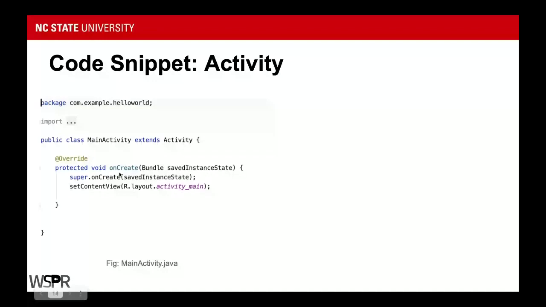Here we can see that we are calling the setContentView method and passing an XML file. What this method does is, when the activity is created and is in the resumed state, it would show us the layout specified in activity_main on the screen. Now we have to write our layout file.